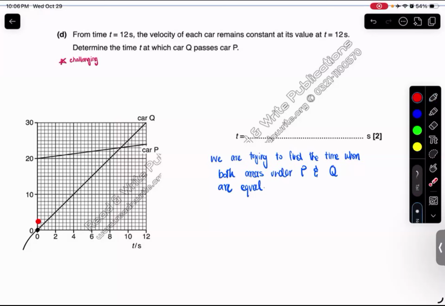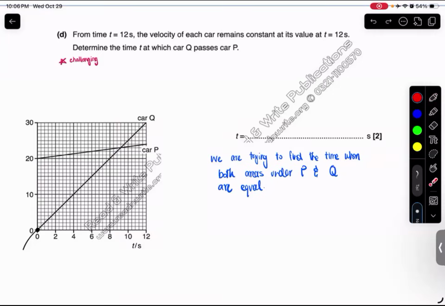Initially, for 12 seconds, we saw that the area under P was greater than the area under Q, and that is exactly why car P was ahead, because car P had covered a greater distance, whereas car Q had covered a smaller distance. But there is going to be a point where the areas under the graphs are equal, right?